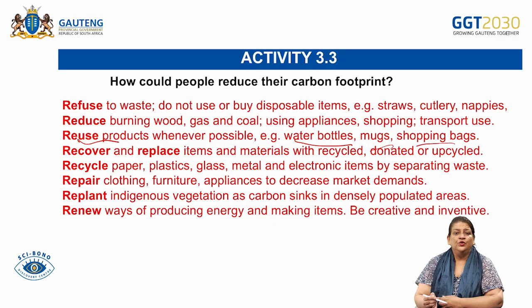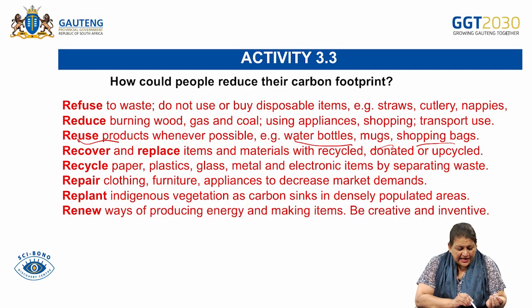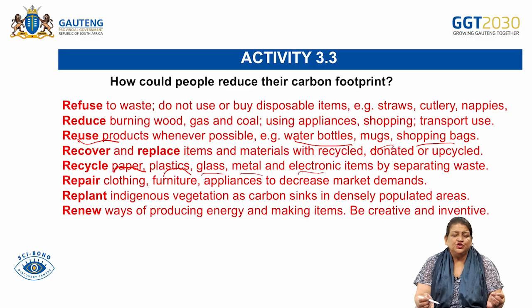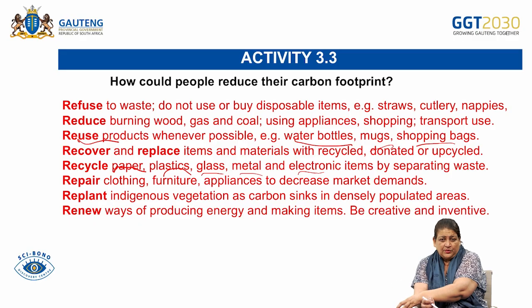Also, try to use a paper shopping bag instead of a plastic bag, because plastics cannot decompose. Plastic can be recycled as well, but paper can also decompose and go back into the ground, because remember, paper came from wood. So recycle paper, plastics, glass, and metal. When you see different colored bins, if you see maybe orange for glass, put the glass in, let it be recycled so we don't have to extract more glass from the ground.